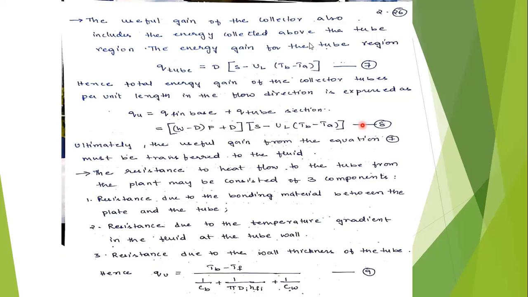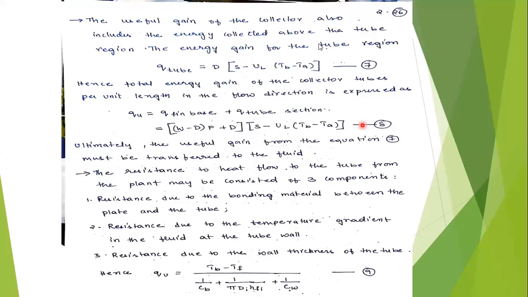The useful energy we are gaining, in equation 7, has to be transferred to the fluid that is passing in the tubes. But there is a resistance to heat flow to the tube from the plate. This resistance is mainly of three types.